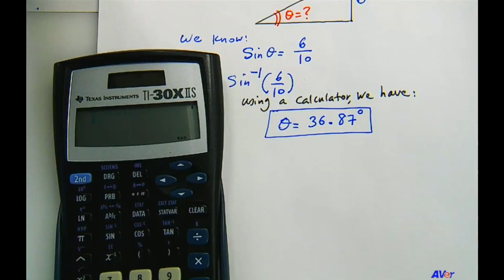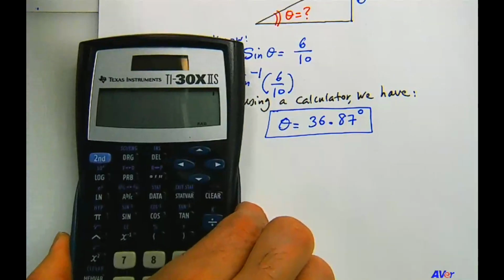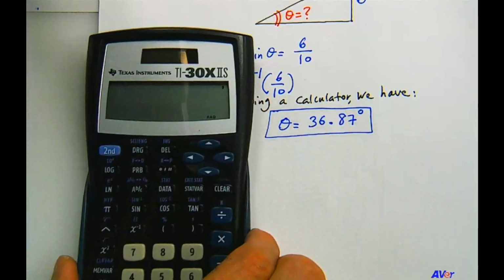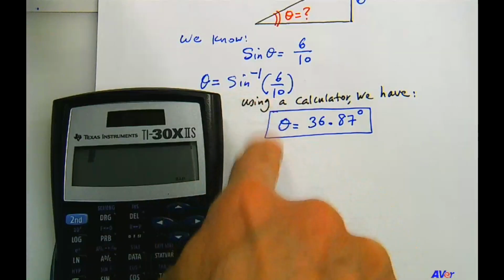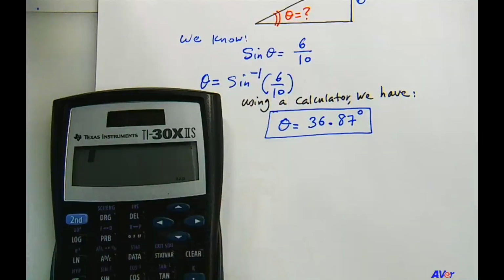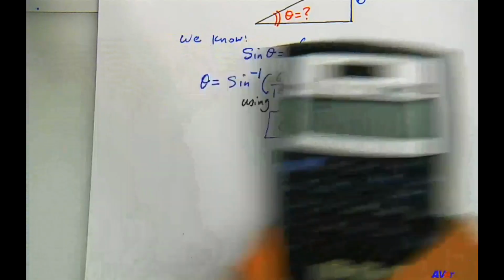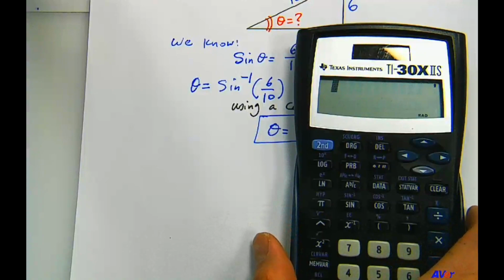You can do this on any scientific calculator, but maybe on your calculator it'll be a different procedure. Okay, so now that we've switched to radians, let's find out what that inverse sine function is in radians.